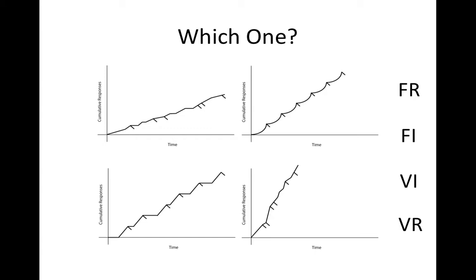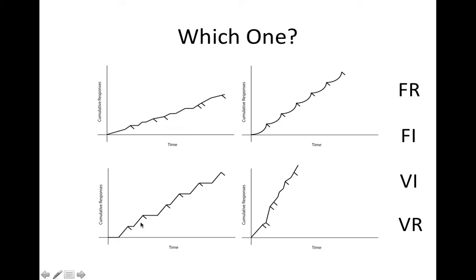You got your guesses? Okay, so let's talk about what we're looking at. Let's start with the FI. The FI says after a fixed amount of time, one response will produce a reinforcer. So we got to look at this time dimension. Is the time in between reinforcers the same? Well, in this one it isn't.